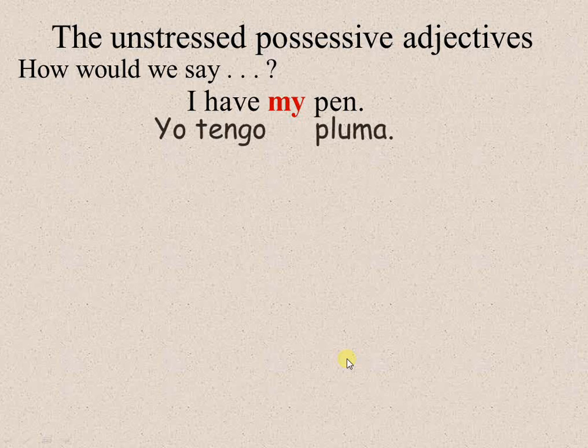Yo tengo mi pluma. So for mi, tú, su, you don't need to worry about agreeing in gender, feminine or masculine, with the noun. Only number, plural or singular, okay? Since pluma is in the singular form, I say yo tengo mi pluma, but I don't need to worry about changing mi to the feminine form to agree with pluma.